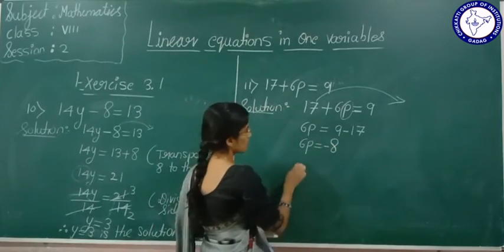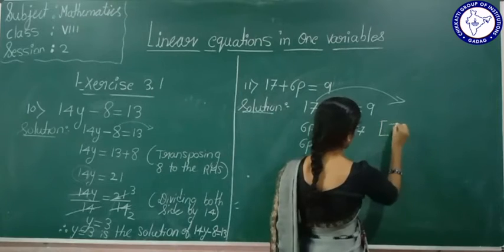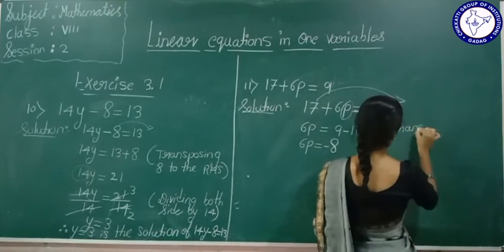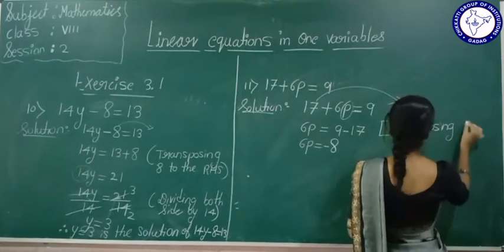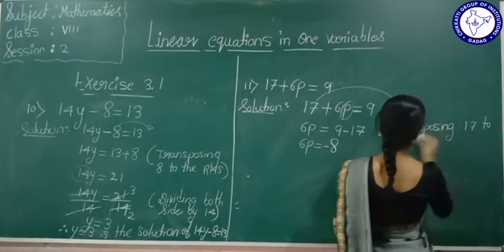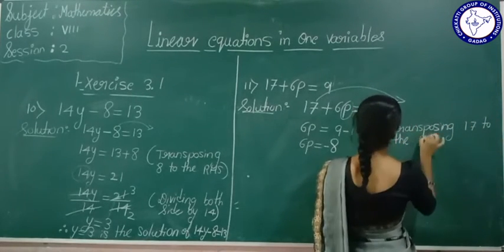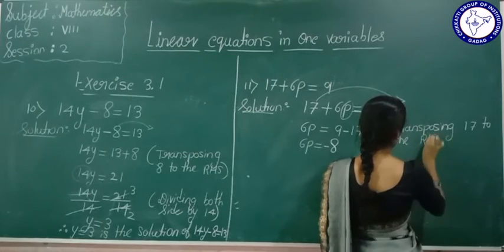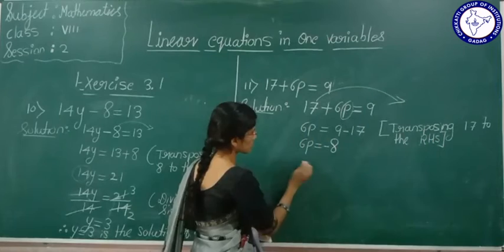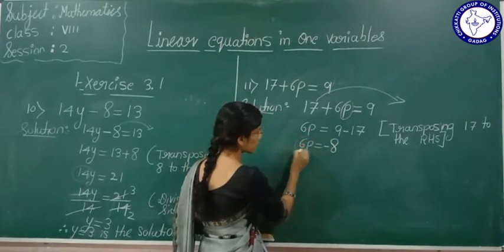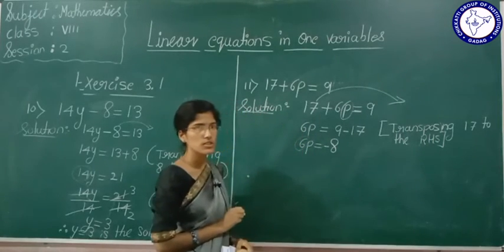Okay, what have we done here? Transposing 17 to the RHS. Okay, so now we want to remove 6 from here. What to do, students? You only tell me.